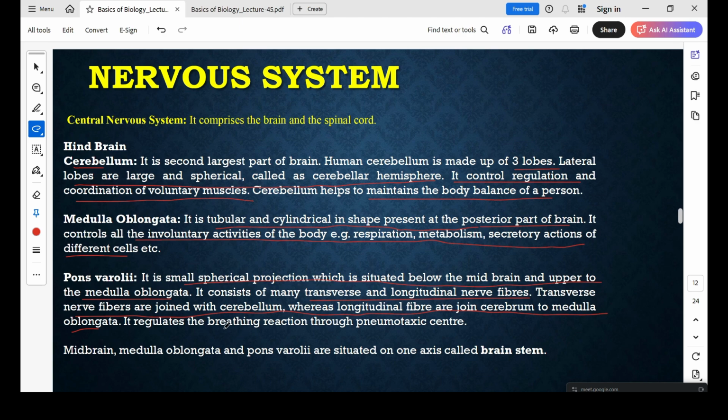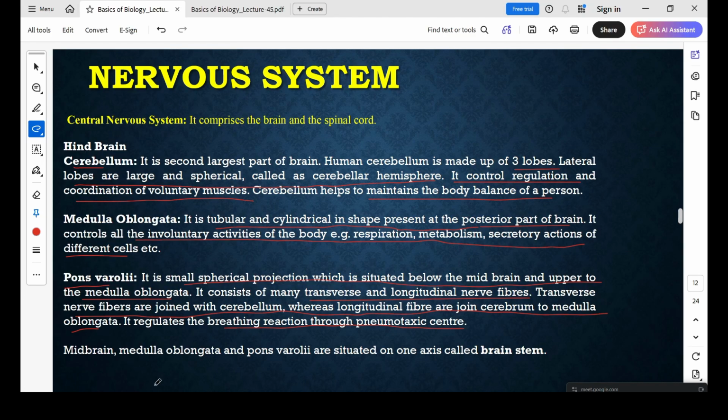Pons varolii regulates the breathing reaction through the pneumotaxic center. So the exhale and inhale pattern of any human is controlled by pons varolii.